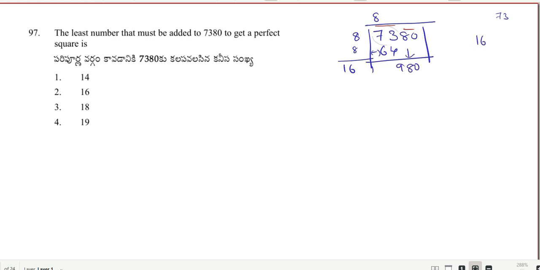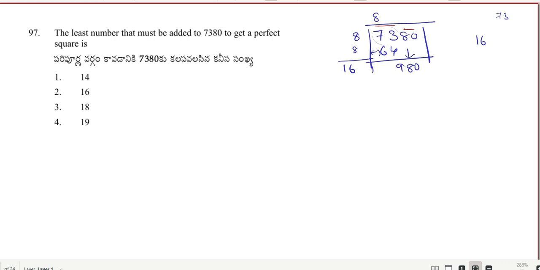Then after 16, what number should be placed so that the product will be nearer to and greater than 980? Why should we take 980? Because 7,380 is not a perfect square, we should add some number to it to make it a perfect square. That means the required perfect square should be greater than 7,380.